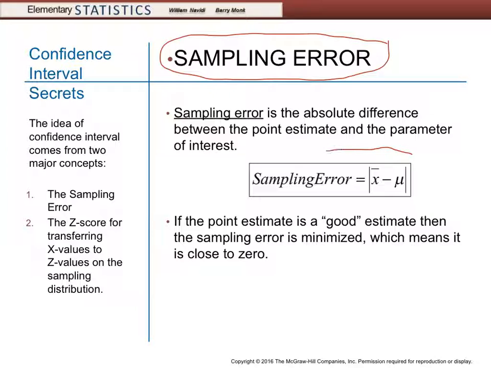So we have a formula that says the sampling error is the difference between x bar and mu. If the point estimate is a good estimate, then the sampling error is minimized, which means that the closer to 0, the better. So once we set this sampling error up, the confidence interval came from this particular idea.